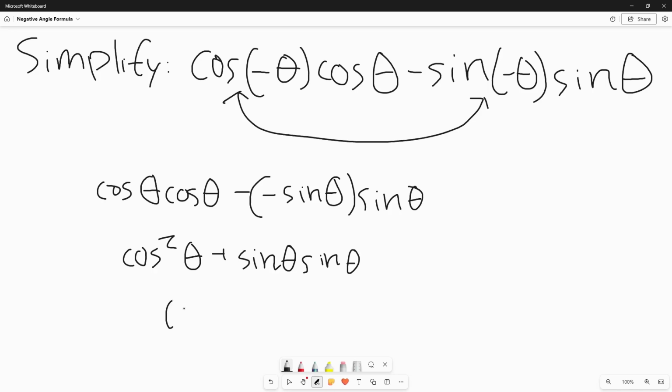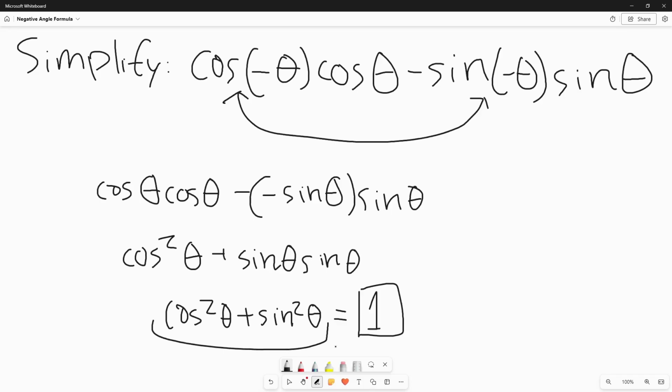So cosine squared theta plus sine squared theta. And if you watched our videos on simplifying trigonometric expressions, then you would know that this equals 1, which is our final answer. If you haven't watched that video, I would recommend watching it, but all you need to know is that this expression is equal to 1, and that's our final answer. So cosine negative theta times cosine theta minus sine negative theta times sine theta is equal to 1.